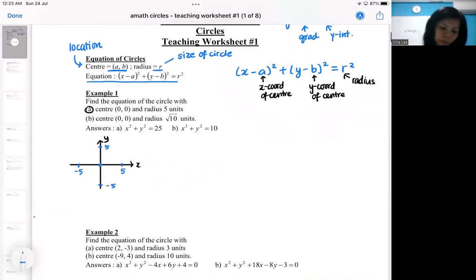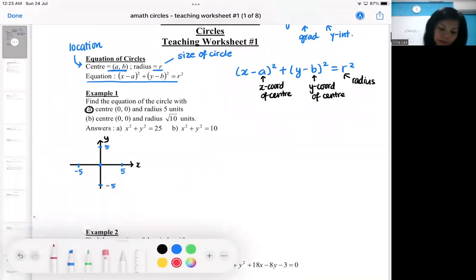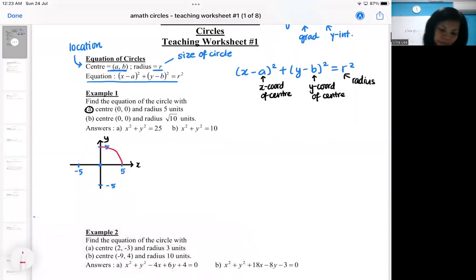If you try to draw it through, it will look something like this. So that is the circle.